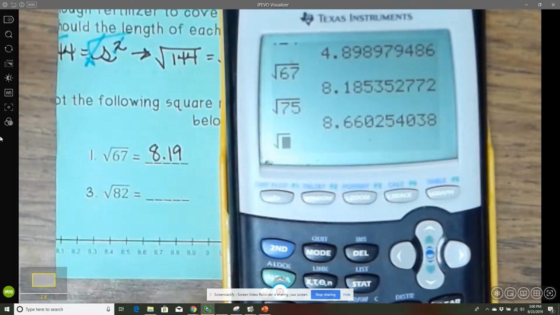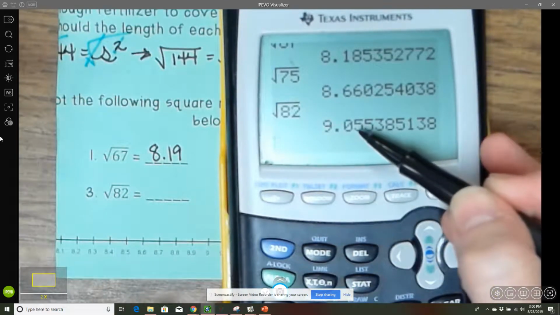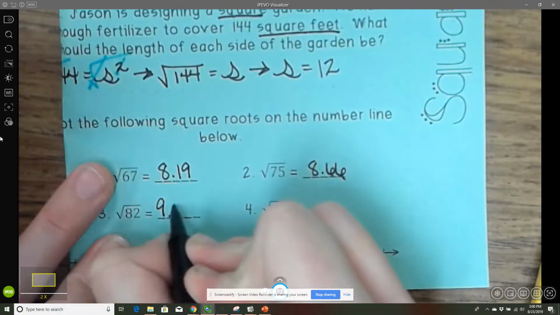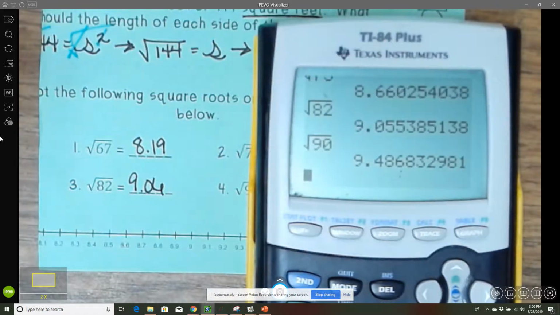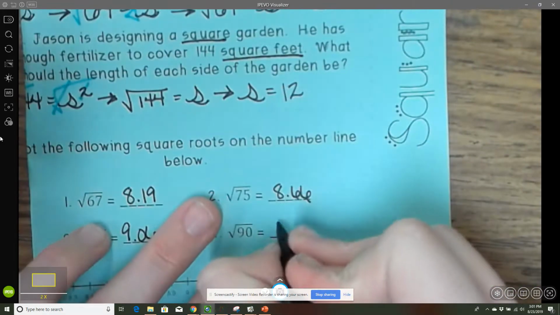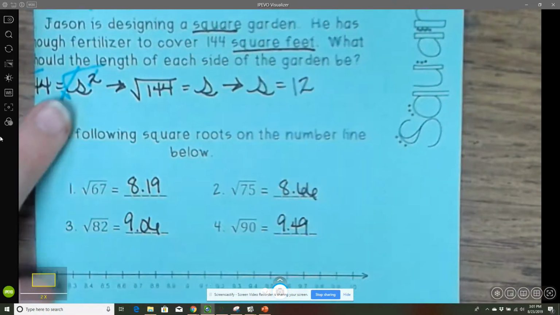The square root of 82 would give me 9.06 because the 5 tells me to go up. And finally, the square root of 90 would be 9.49. Now that I've calculated them all, I can get them all on this number line.